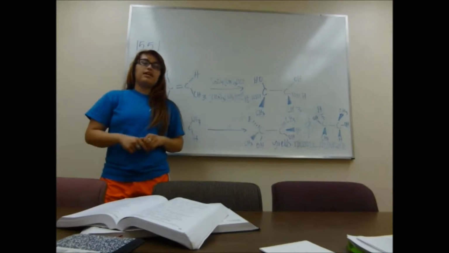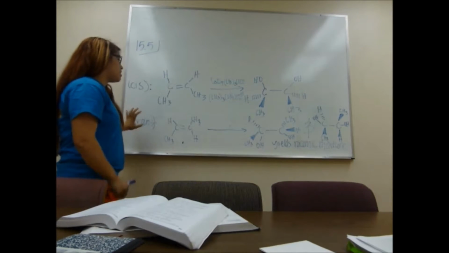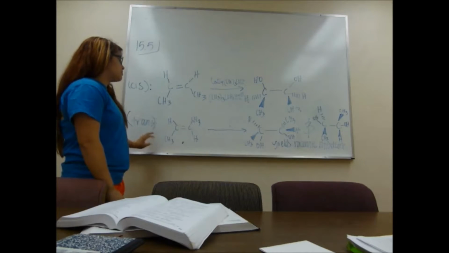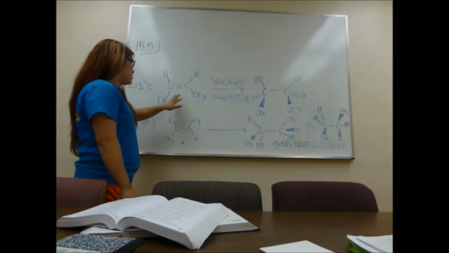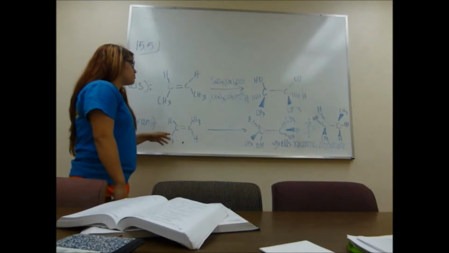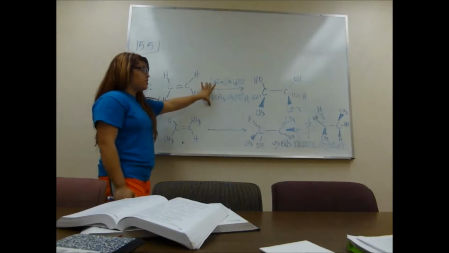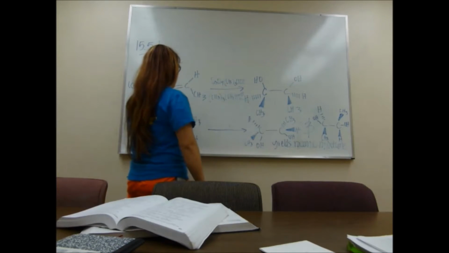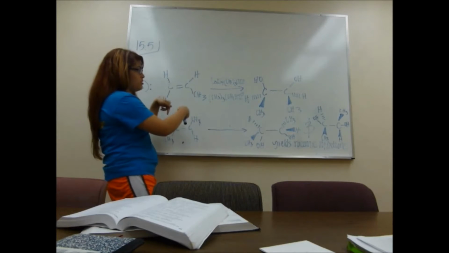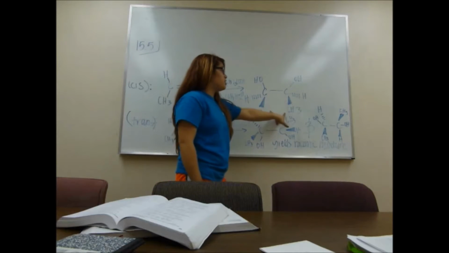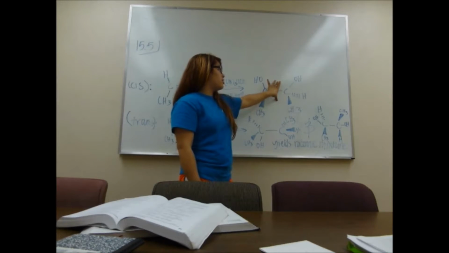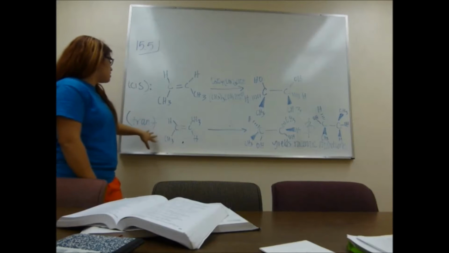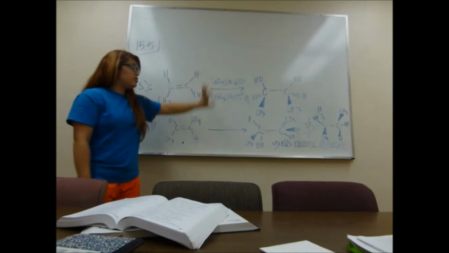So this is 15.5. We have an A and B kind of thing going on. So we have a cis and trans butene. And we use these reagents right here to put on the OHs. When you have a cis with the CH3s on the same side of the double bond, you're going to have CH3s coming off on that same side, and you're going to get the OH from the reagent. The trans one uses the same reagent, so I didn't copy that down.